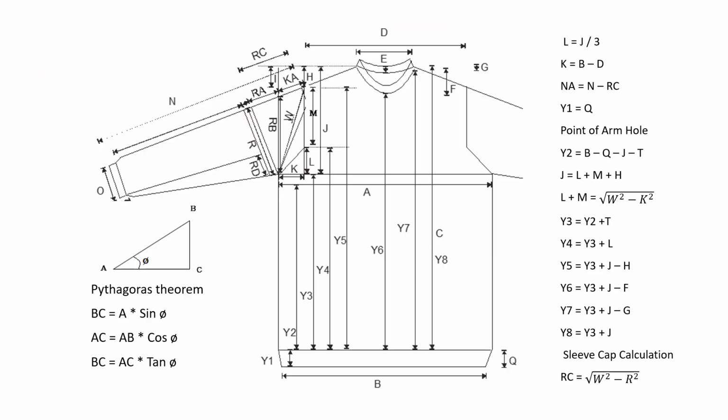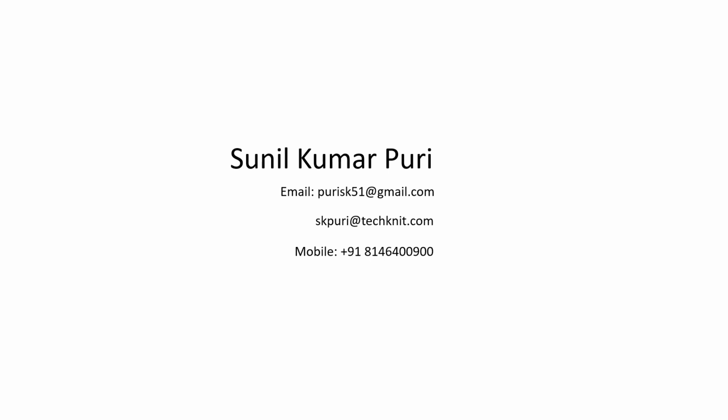In the next video, we will discuss the measurements related to the shoulder width, waist width, front and back across, the length, the side length, etc. of the garment, and how to calculate these using scientific methods, and not leaving anything to guesswork.